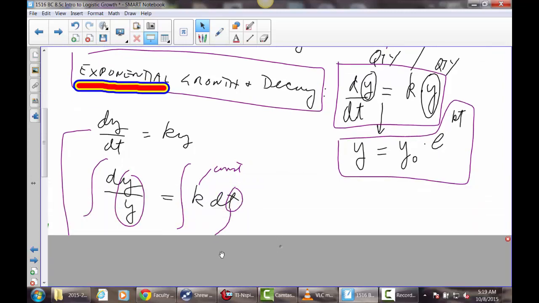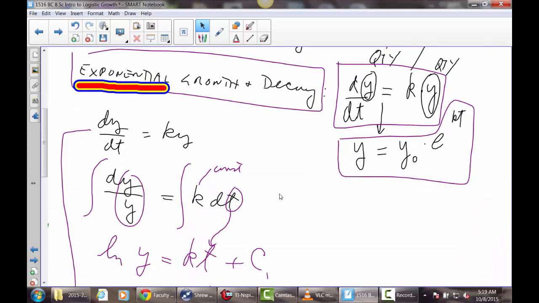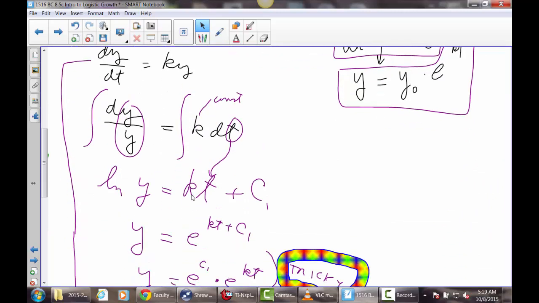So here's me showing you how to solve that. That will give you ln y once you separate the variables.